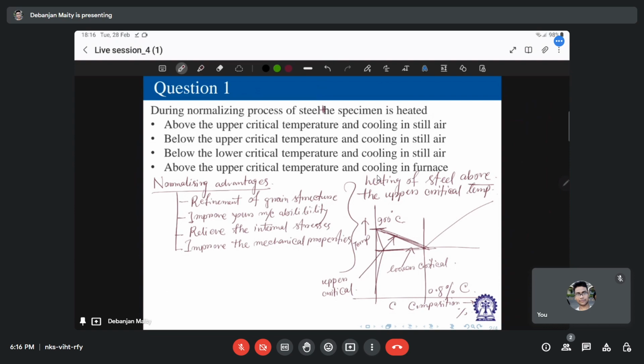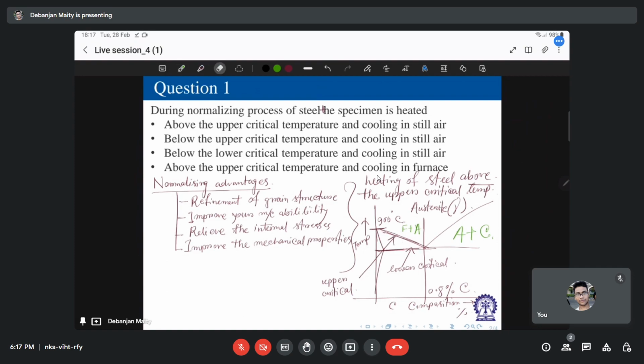Here you have the gamma austenite, here ferrite plus austenite, and here austenite plus cementite.